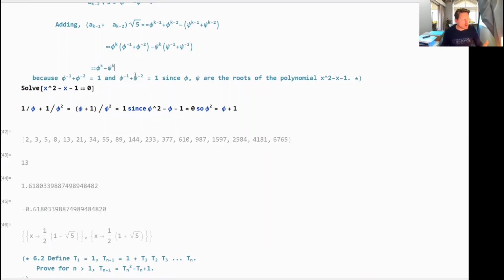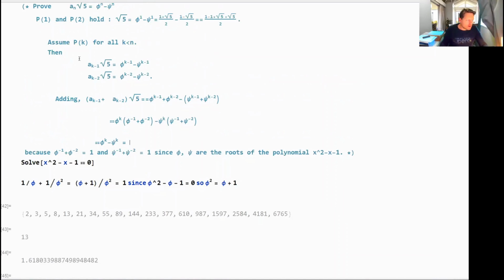And so now this one is actually equal to what we had on the right hand side, which was using the definition.